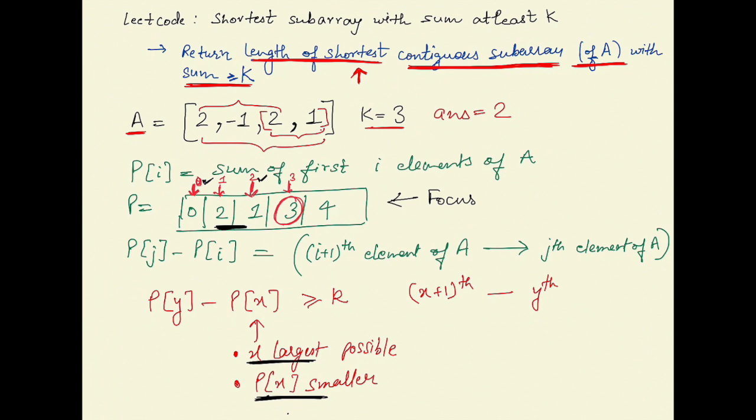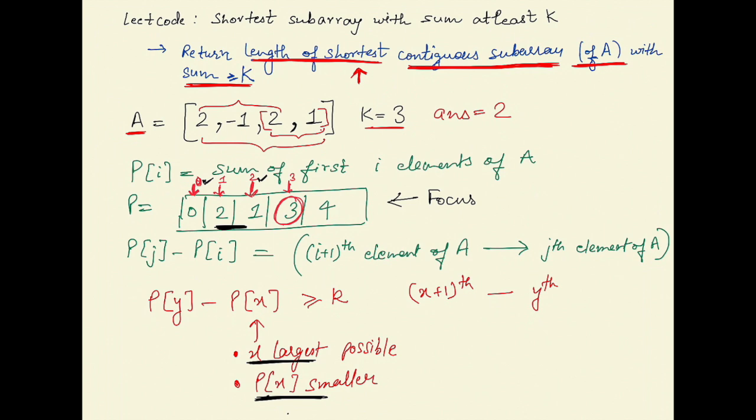For index 0, 3 minus 0 is greater than or equal to 3, but for the rest of the indices it's not possible. If we go to index 1, then 3 minus 2 is not greater than or equal to 3. If we go to index 2, then 3 minus 1 is equal to 2, which is not greater than or equal to 3.